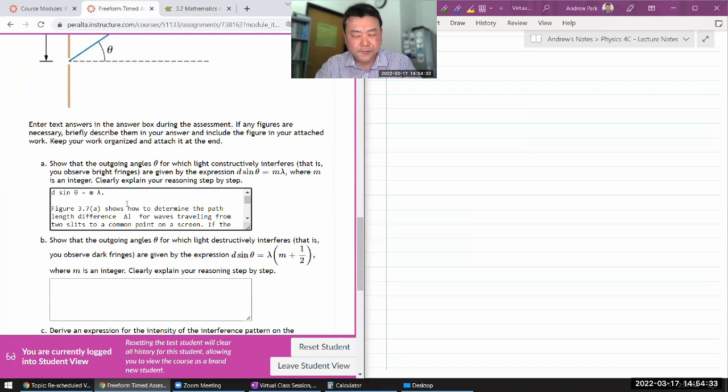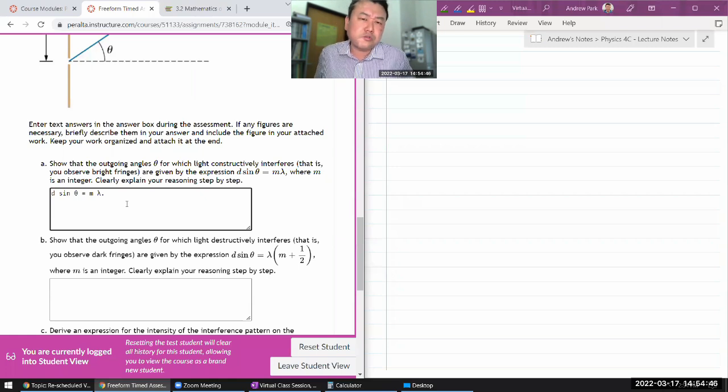I probably won't go as far as saying that's cheating, because once academic dishonesty gets involved, it's a whole thing that I would rather not deal with. But you also won't get too much credit for basically copying what's in the textbook, because I know you have access to the textbook. I want to see your reasoning process. I want to see explanations in your own words.